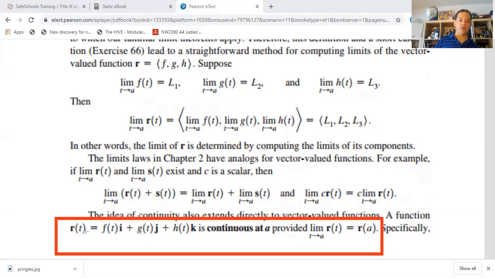So some function with components f, g, and h is continuous at a time A, provided that when you do the limit, you get r of A. If you can do the limit by plugging in the number, we say it's continuous at t equals A. Okay, so let's do an example on the next page.